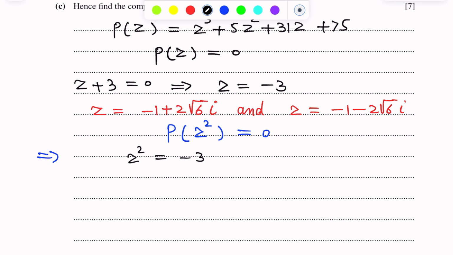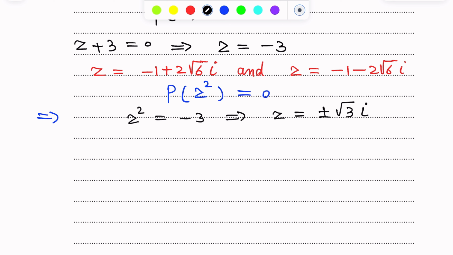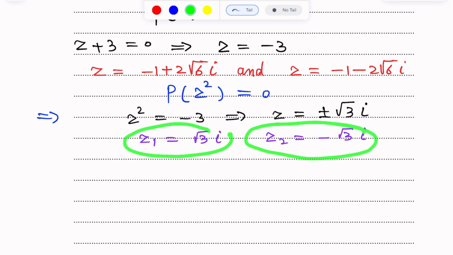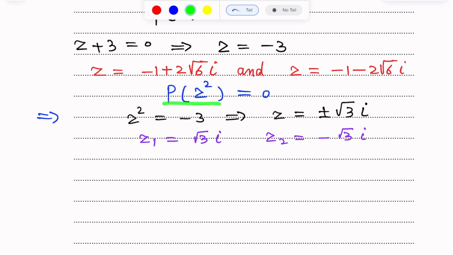Taking the square root on each side, we get z equal to plus minus 3 under root iota. This shows that there are two roots: z1 equal to positive under root 3 iota, and z2 equal to minus under root 3 iota. These are two roots of P(z square).